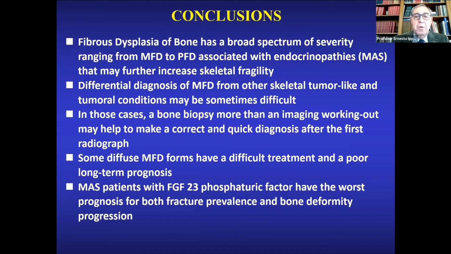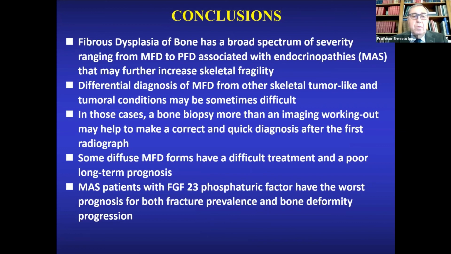Differential diagnosis of monostotic forms from other skeletal tumor-like and tumoral conditions may be sometimes difficult. In those cases, a bone biopsy, more than an imaging work-up, may help to make a correct and quick diagnosis after the first radiograph.